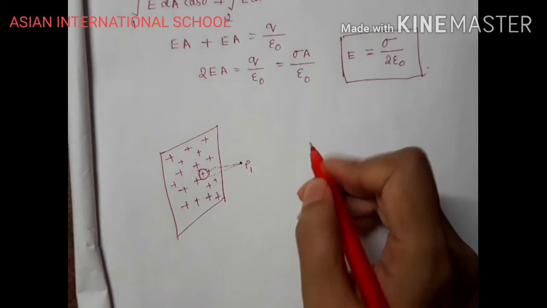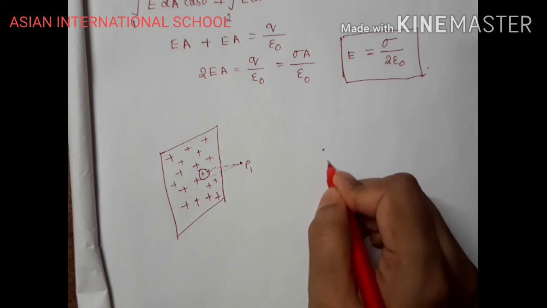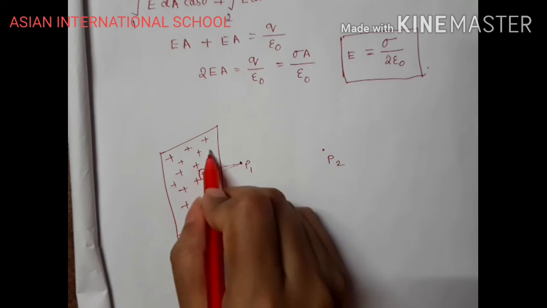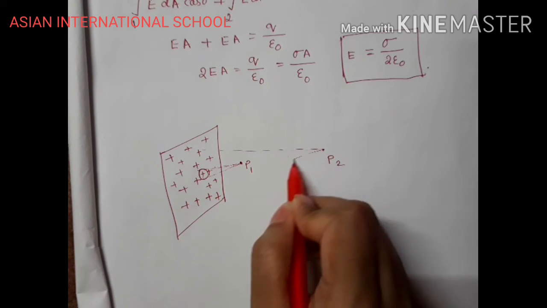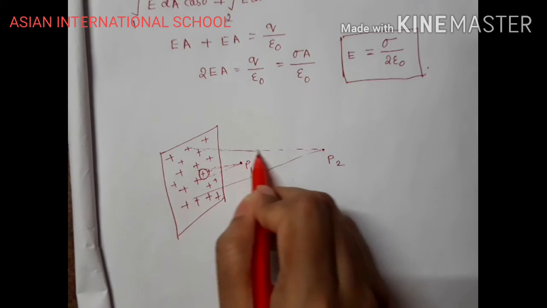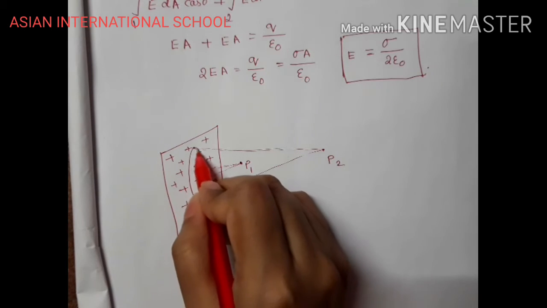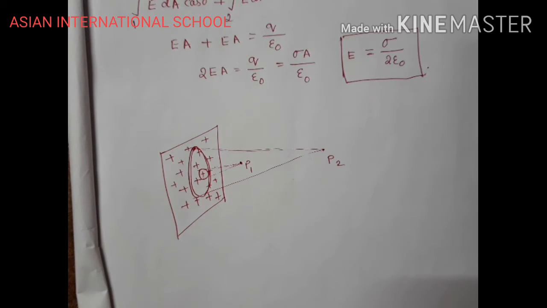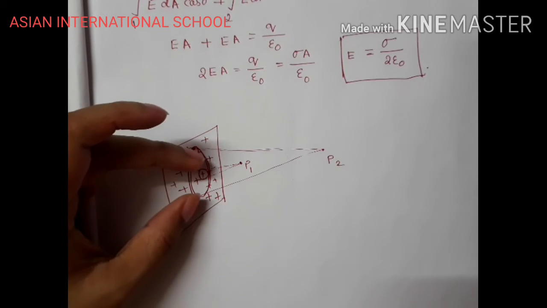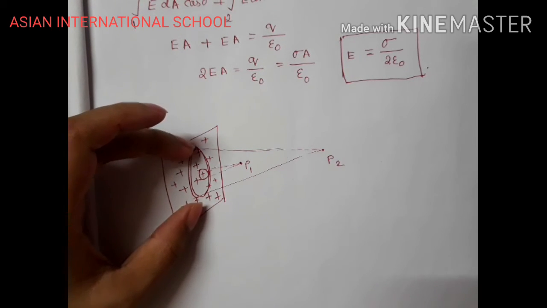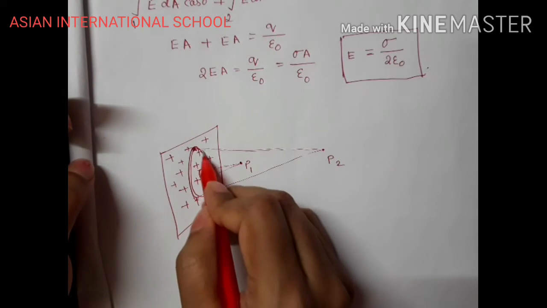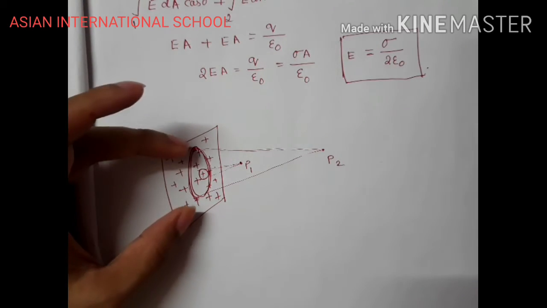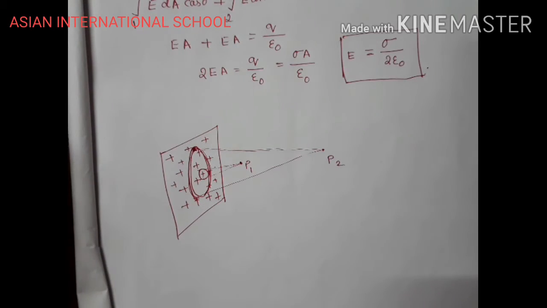Now if you take the point P2 and place your point charge here and calculate the electric field, your electric field will be for this amount of charges. You can consider this area as the area which is responsible for the electric field.